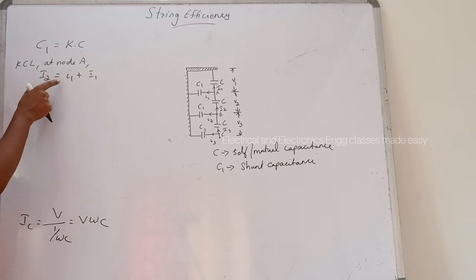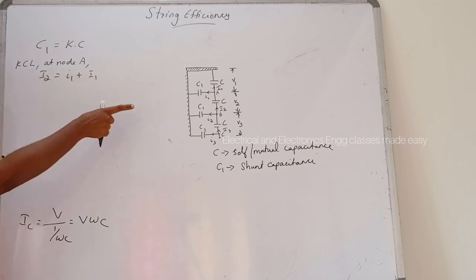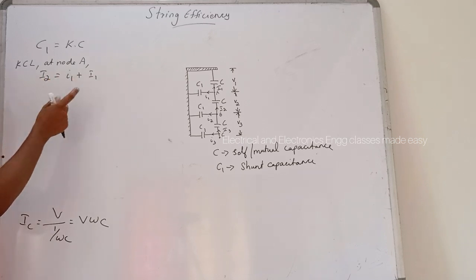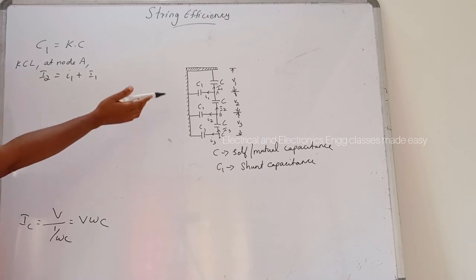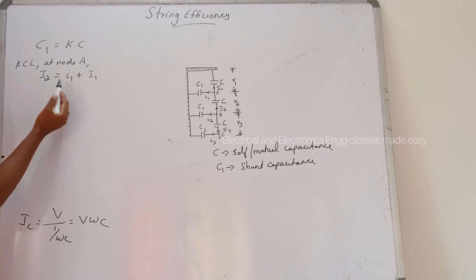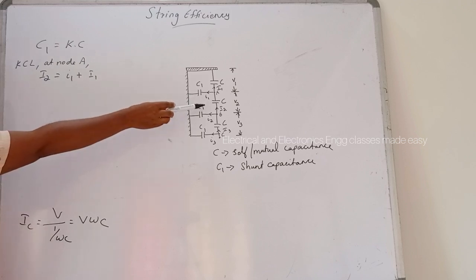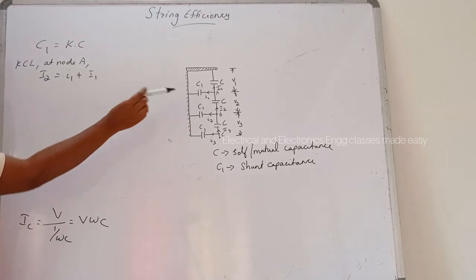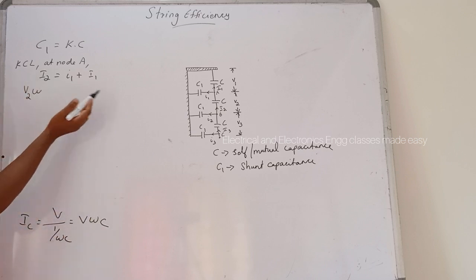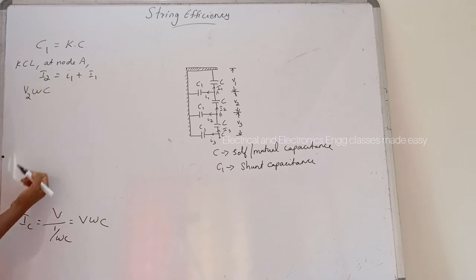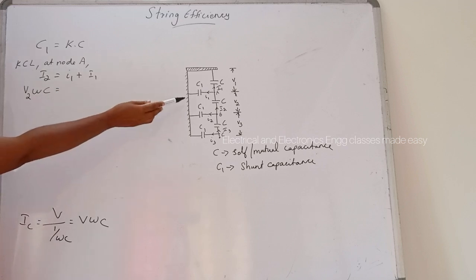Applying that here, what is I2? I2 will be equal to V into omega into C, where V is V2, the voltage across the capacitor C. So V2 omega C is equal to small i1 plus I1.